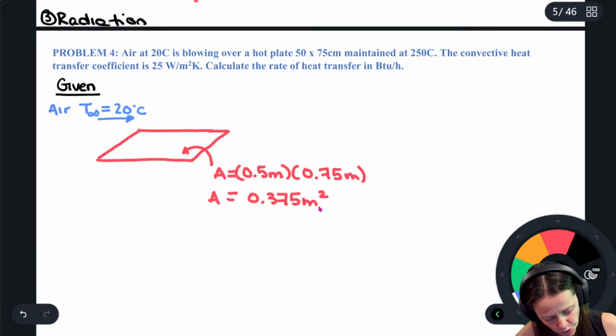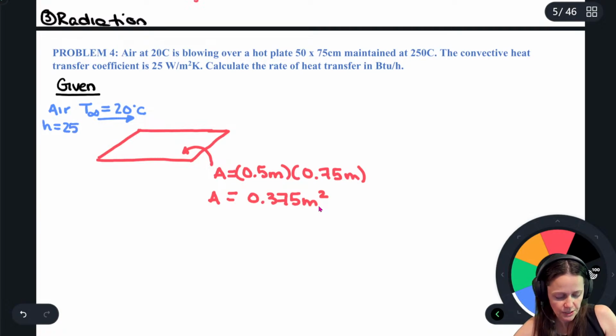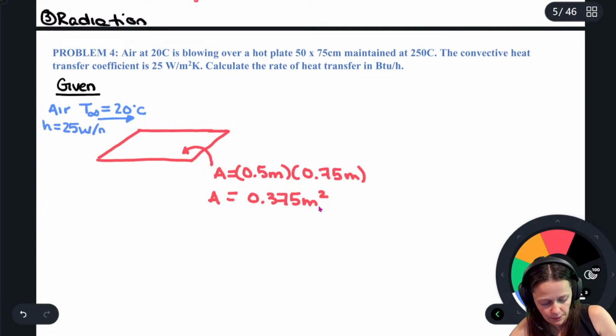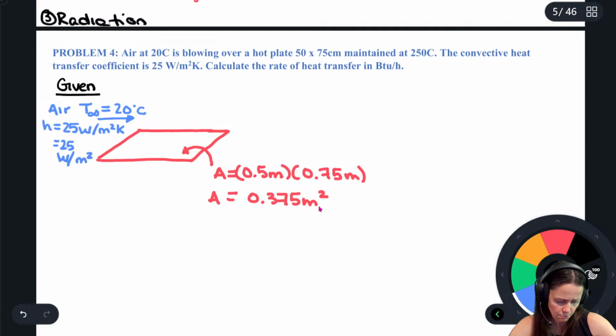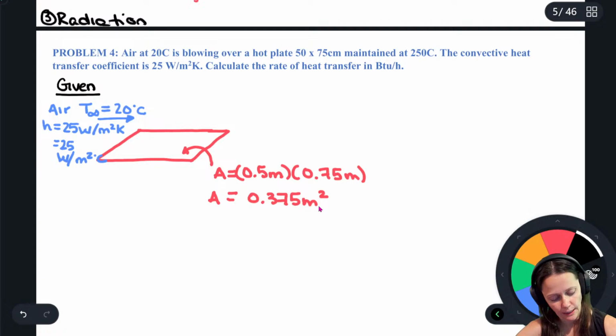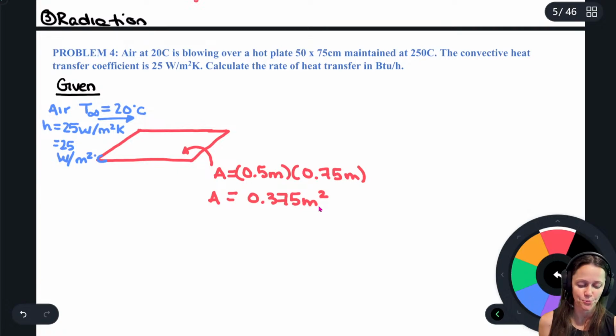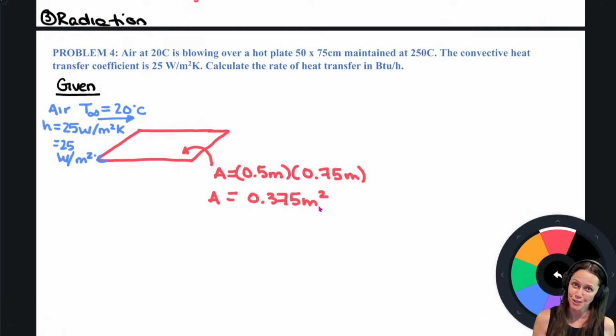And our heat transfer coefficient for that air is 25 watts per meter squared Kelvin. If it makes you feel better, this could be written as 25 watts per meter squared degree Celsius, and that would be fine too. And we want to find the rate of heat transfer in BTU per hour.